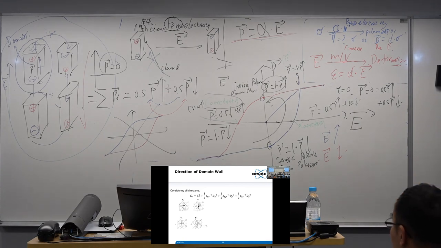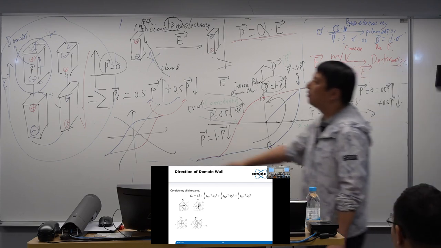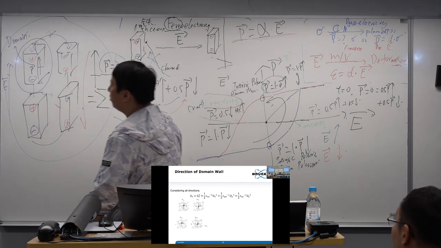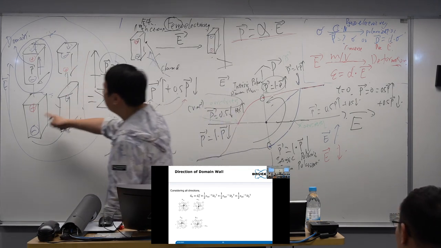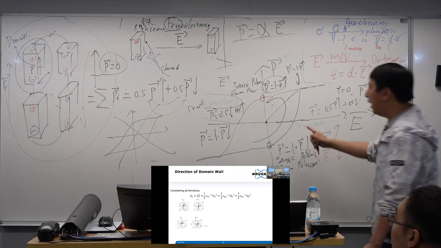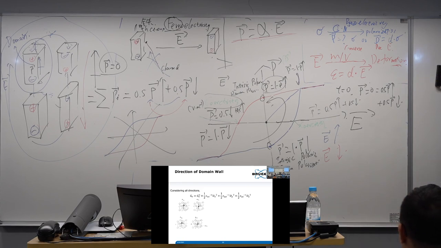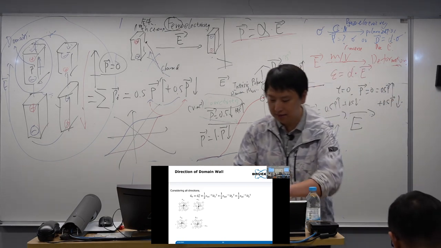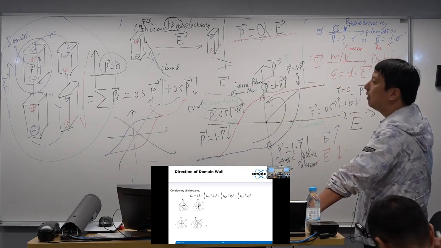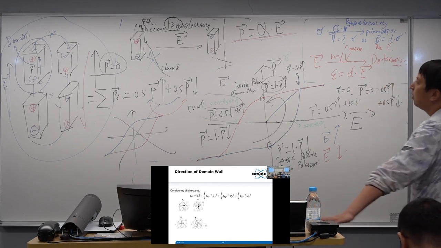Okay, so it's just quite simple physics. You cannot let it face down with a positive field. You cannot let it face up using a negative field. So it has to be counterclockwise. Okay, so that's the thing about our hysteresis loops.